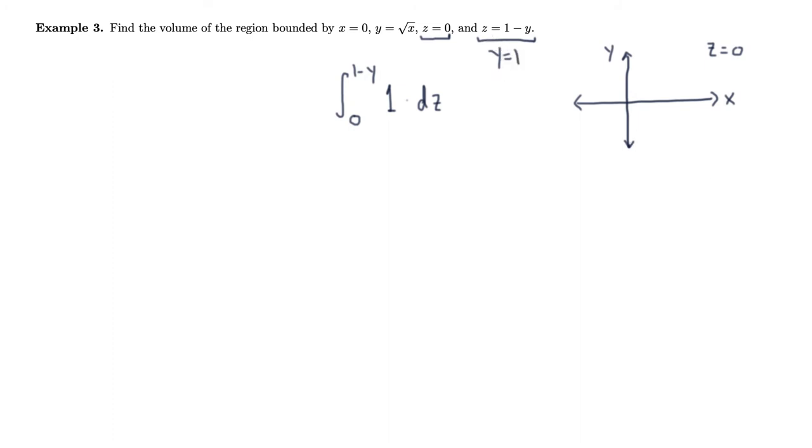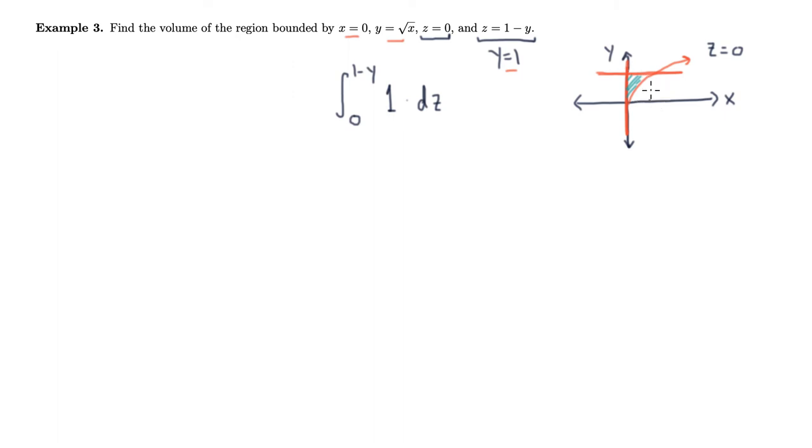In other words, that's the intersection of the plane 1 minus y with the xy plane. So let's look here. We have x equals 0, y equals root x, and y equals 1. Here is x equals 0. Here's y equals 1. And here's y equals root x. And so the region we're working with for a fixed x and y is this region right here.